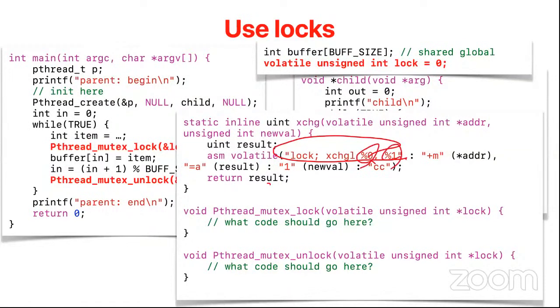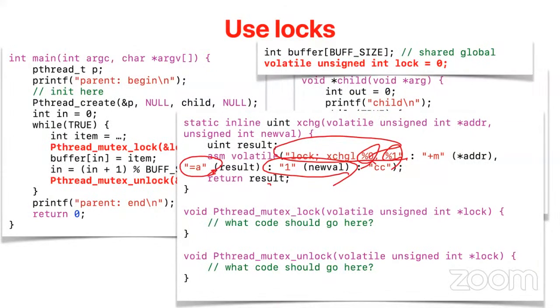One is the address, meaning the place of the lock, and the other is the new value you want to set. So here we want to set something equal to 1.